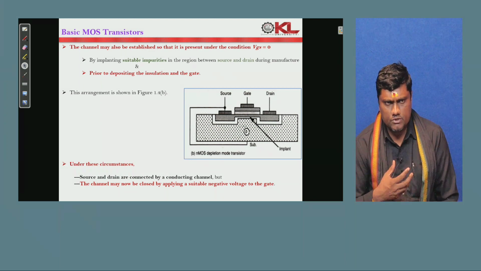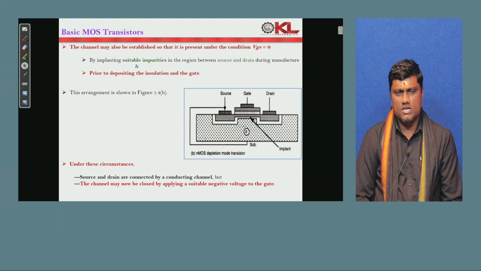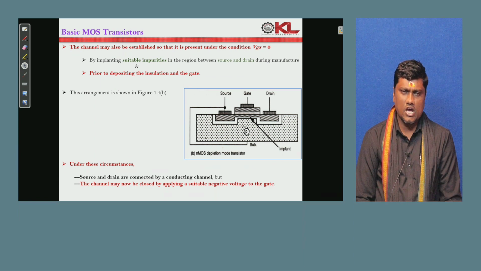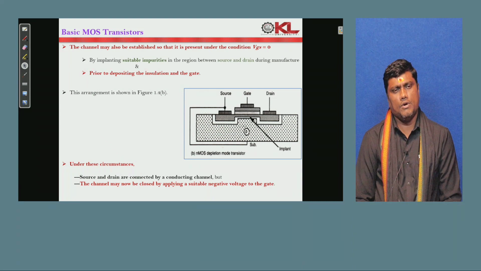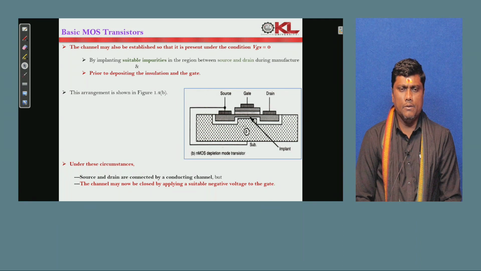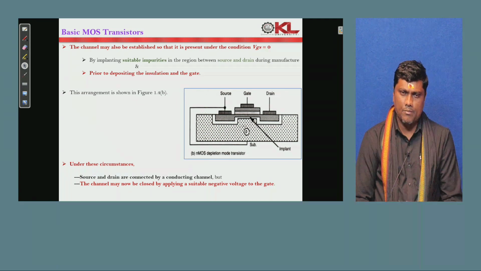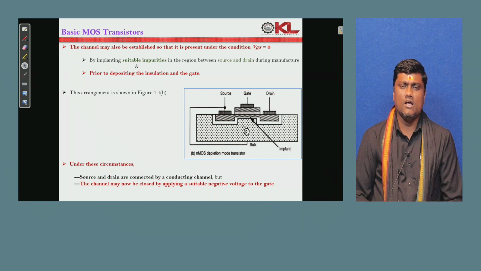So the difference between the enhanced transistor and the depletion type of transistor is that in the enhanced mode transistor a channel is formed slowly. Initially there was no channel, but in the depletion mode transistor the channel is inbuilt, implanted inside by fabrication.